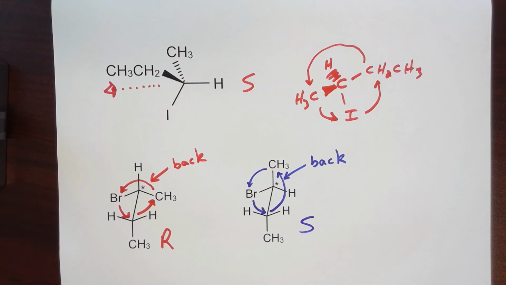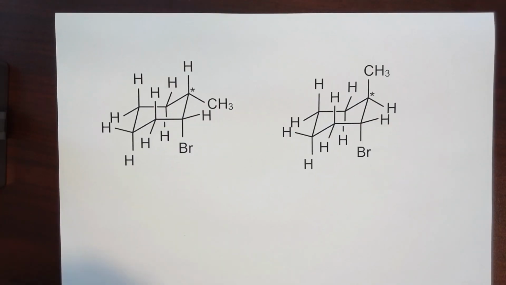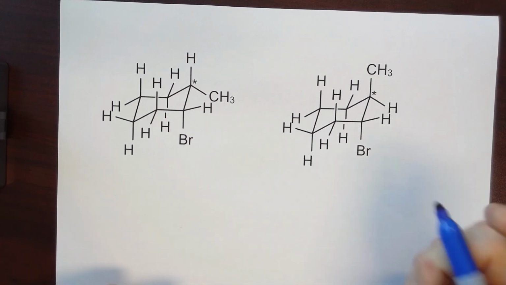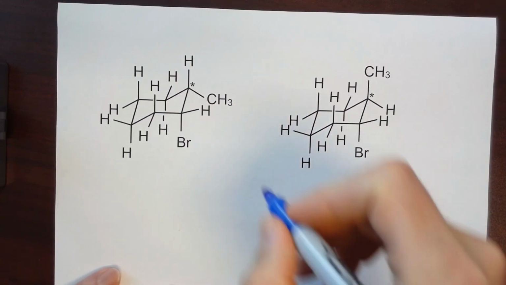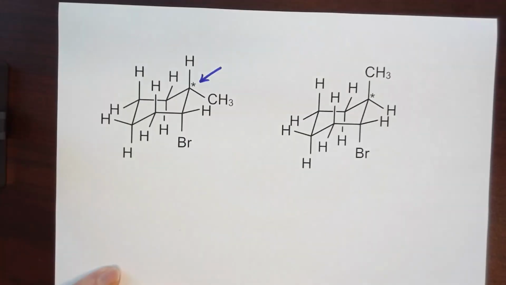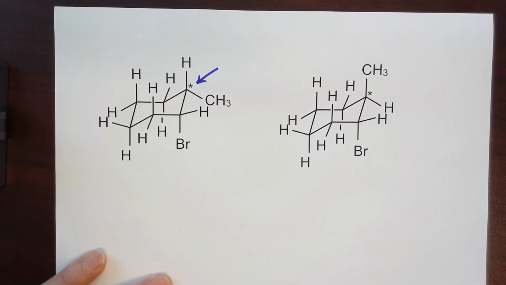All right, 2 more examples. We've got substituted cyclohexane rings, where I'm looking for the chiral designation for these starred carbons. So I want what is the chirality of this carbon right here.